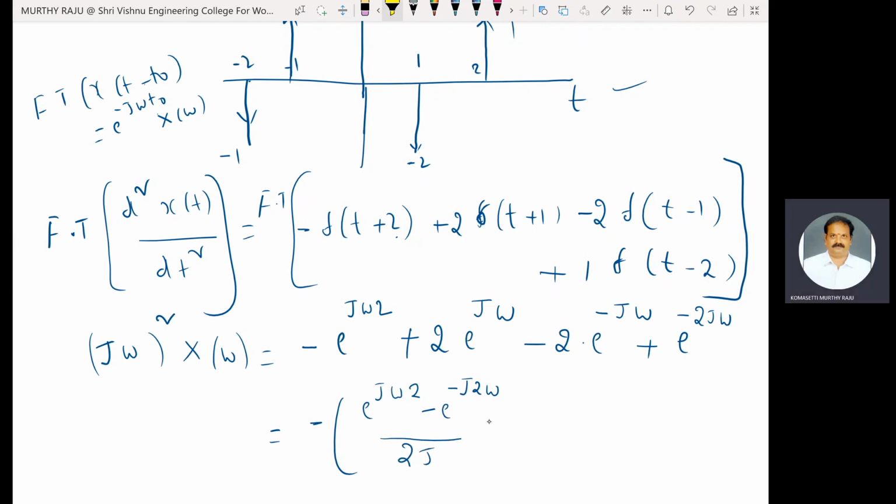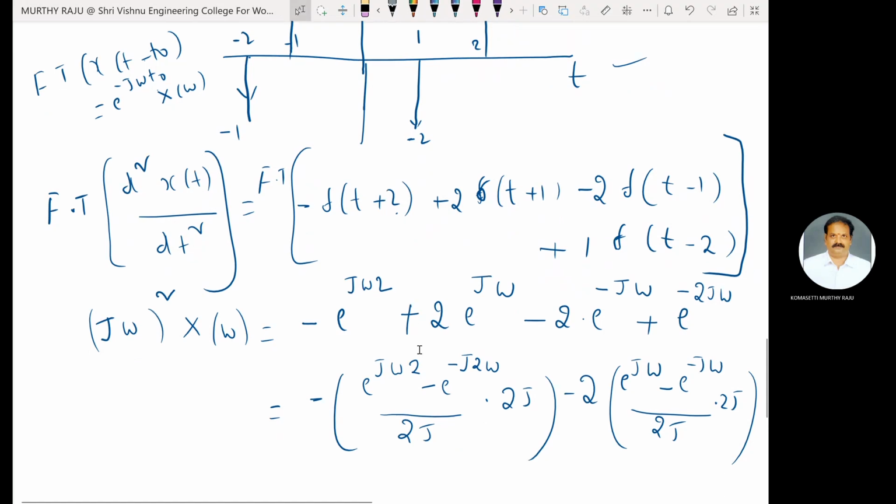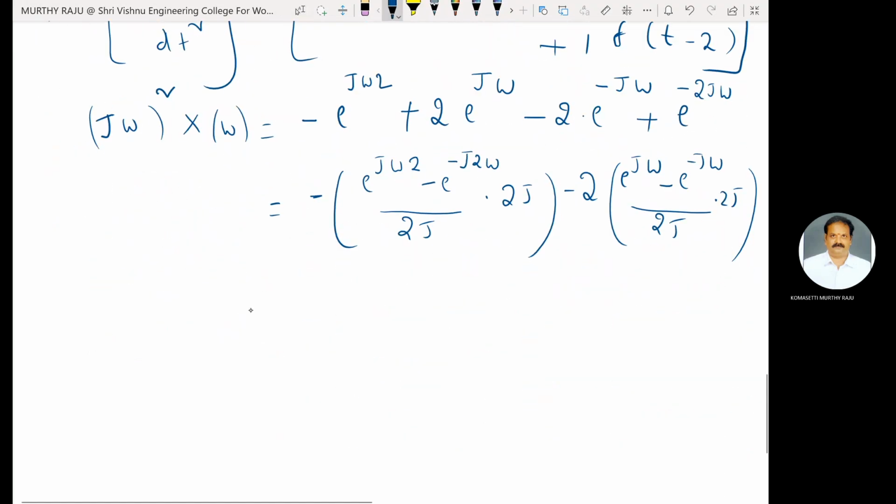2 is multiplied in numerator and denominator: minus 2 into e power j omega minus e power minus j omega by 2j into 2j. The 2j term is brought outside.